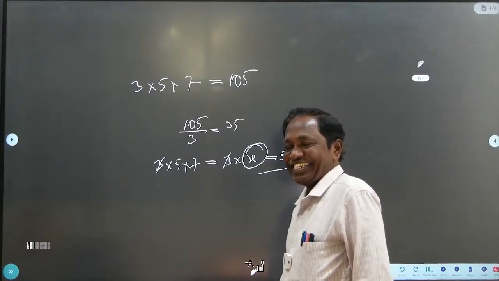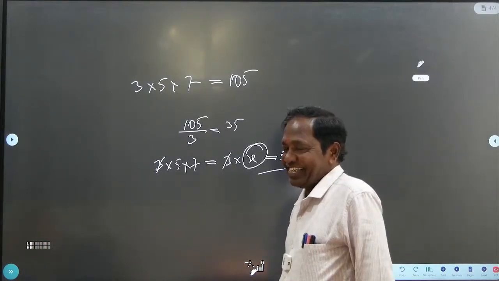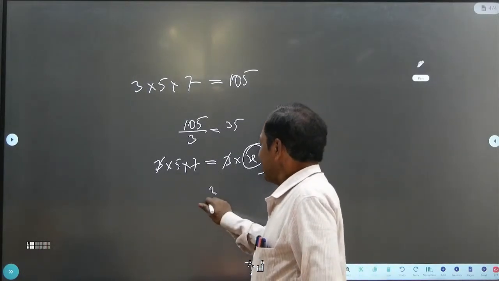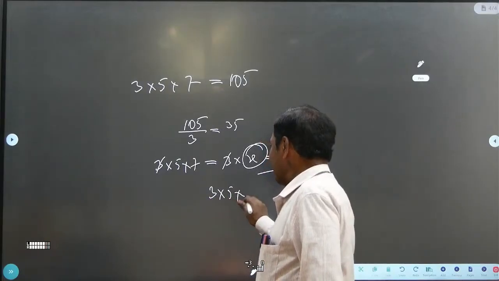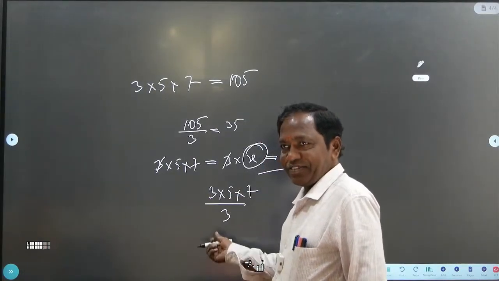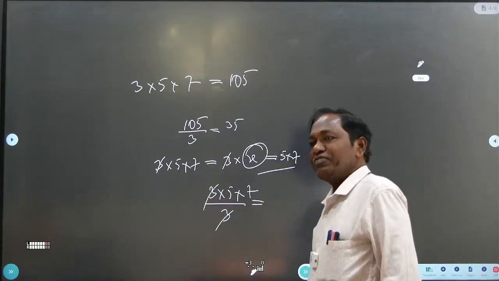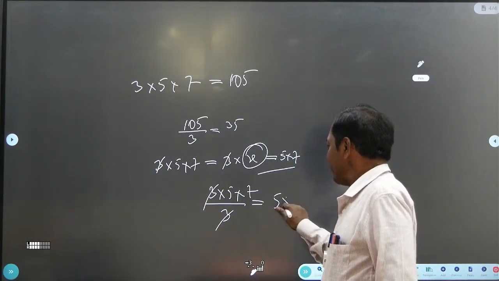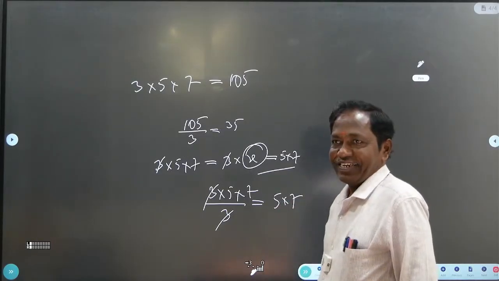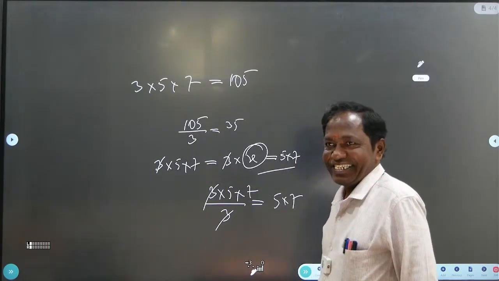You need to develop that logic. It means 3 into 5 into 7 divided by 3, gets cancelled, and the remainder part is 5 into 7. This is the traditional method.